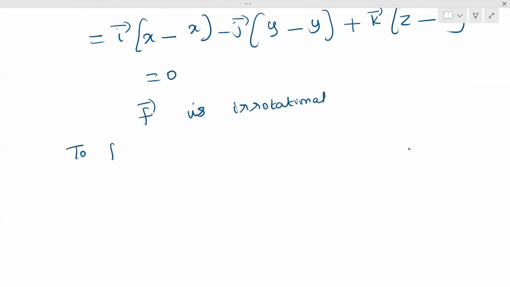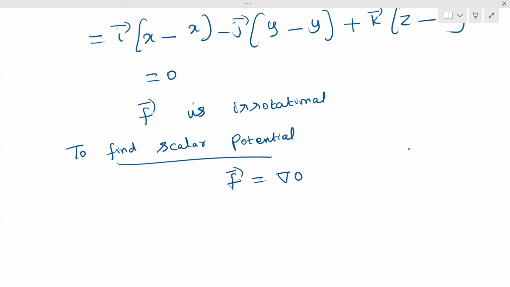Next, we have to find scalar potential. Scalar potential is given by the formula F vector equal to del phi.